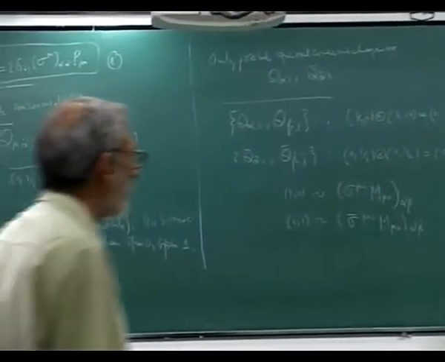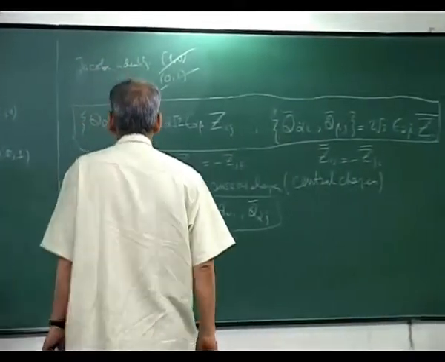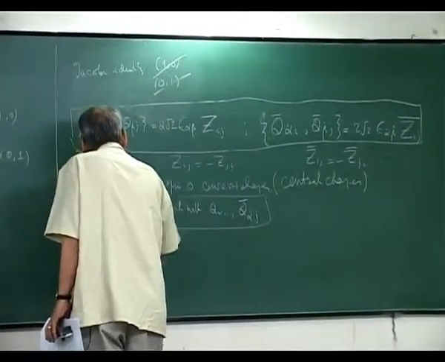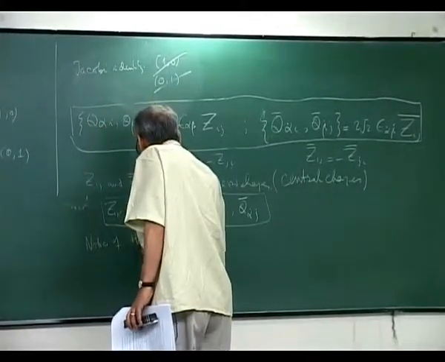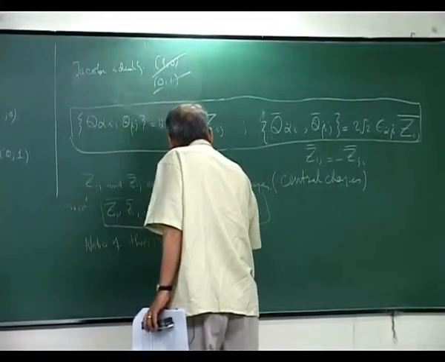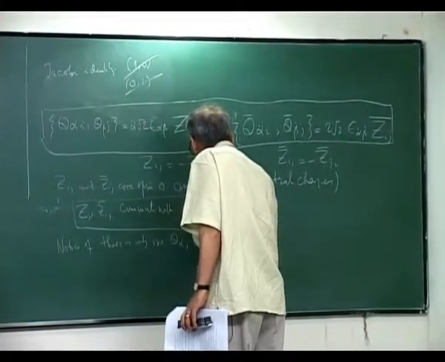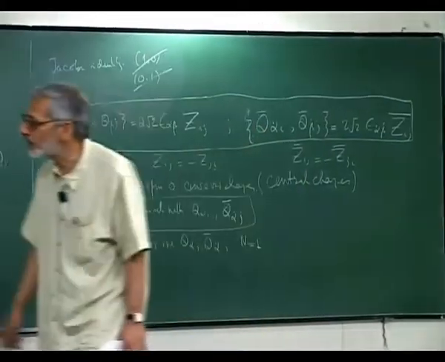Now notice, if there is only one Q charge and Q bar charge, which means N is equal to 1, that I called, I think, capital N, right?